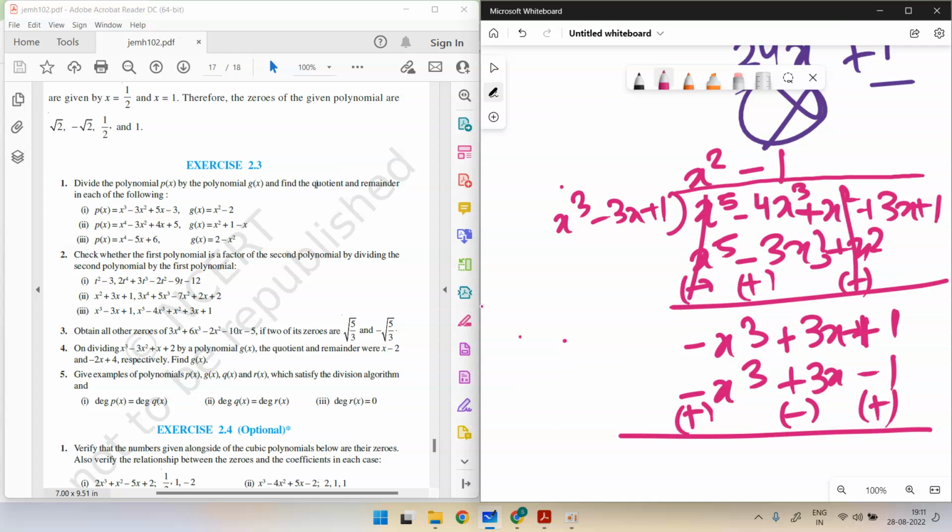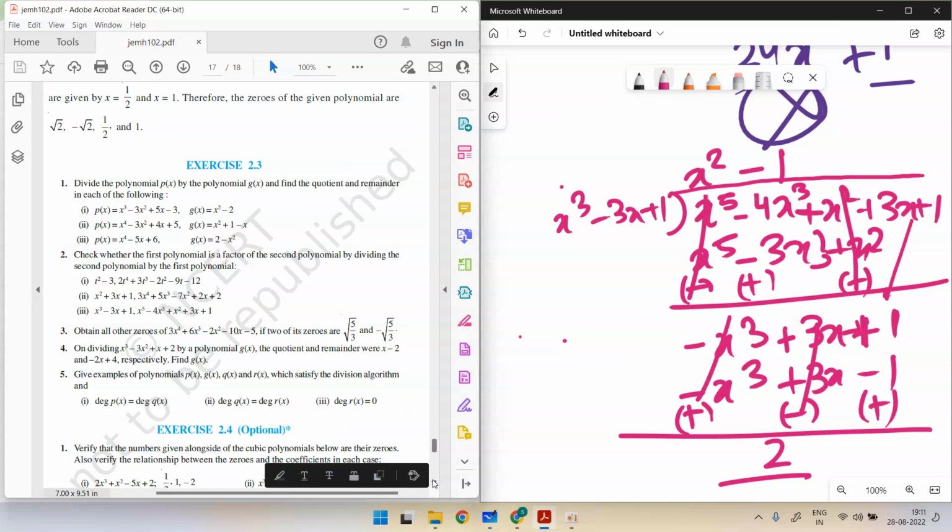Plus 3x plus 1, that is negative. If we multiply this by minus 1, this minus will just become plus and this will be minus. This will be cancel, this is cancel, but the remainder will be 2. Means this will also not be a factor.